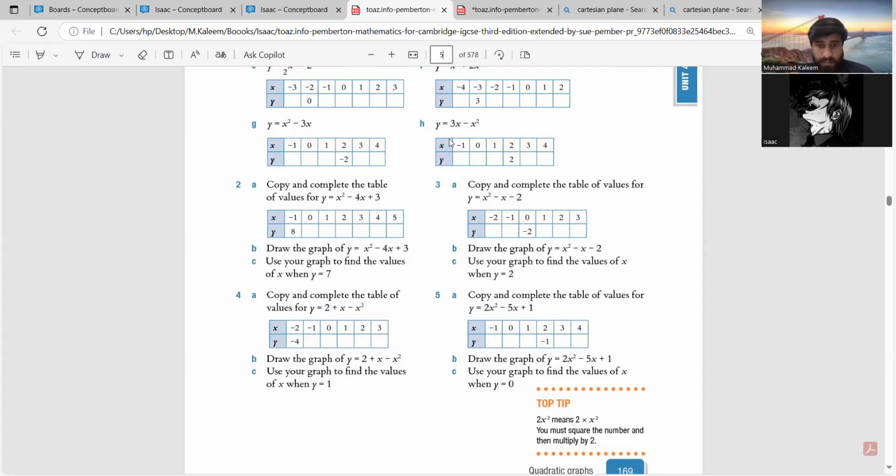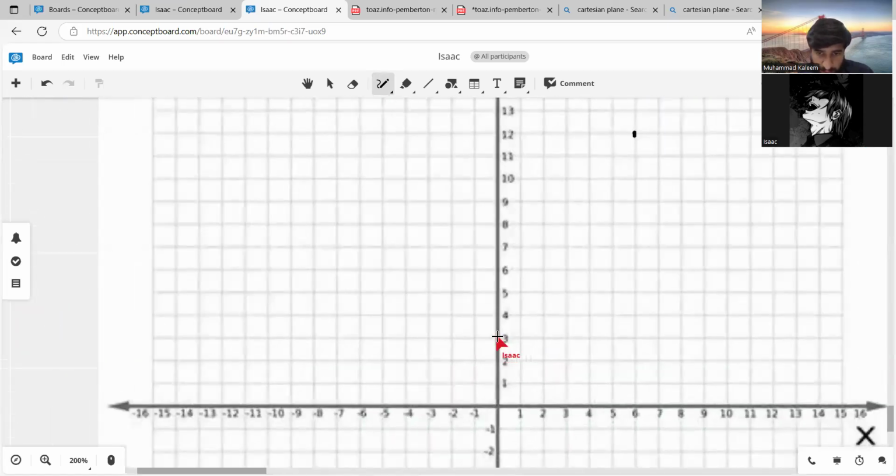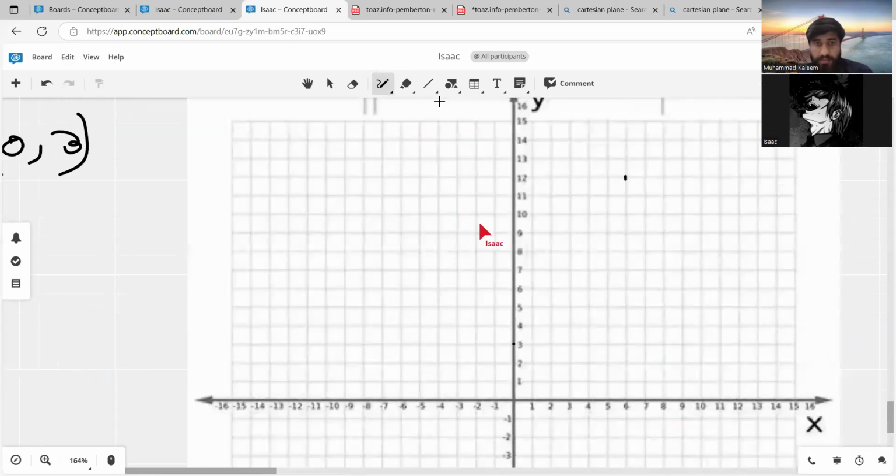Can you see my cursor? Where is 0, 3? So 0, 3 will be here. Exactly. You can mark it, you can pick the pencil from here. Okay, I will mark it for you. This is the point 0, 3.